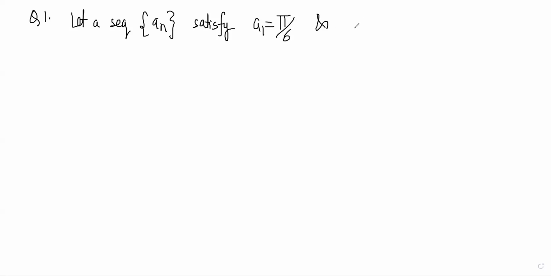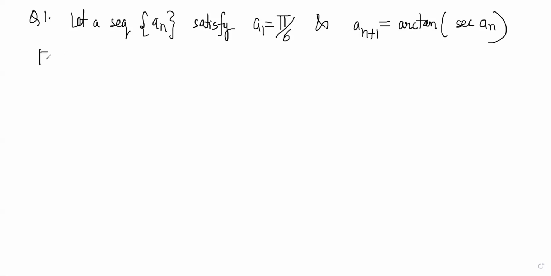The first one is this: let a sequence an satisfy a1 is equal to pi by 6 and an plus 1 is equal to arctan sec of an.